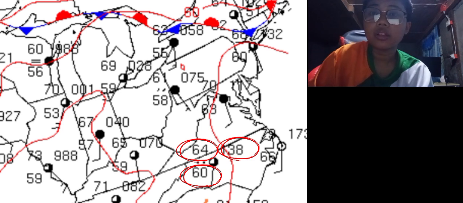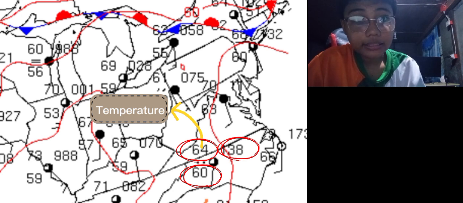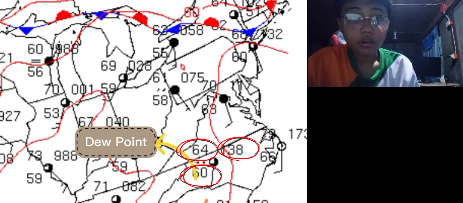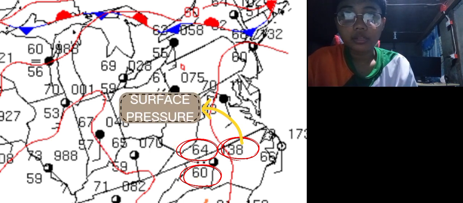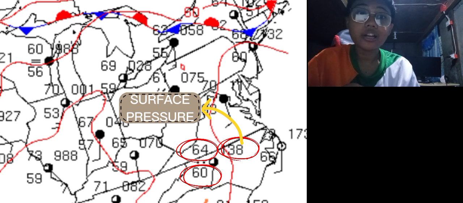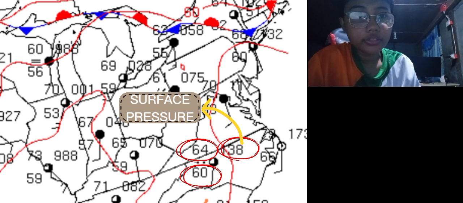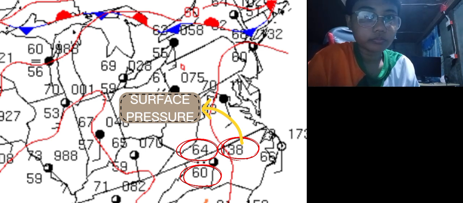Take note: the number on the top left indicates the temperature. The number on the bottom left indicates the dew point, and the number on the top right indicates the surface pressure, which is shown in millibars.